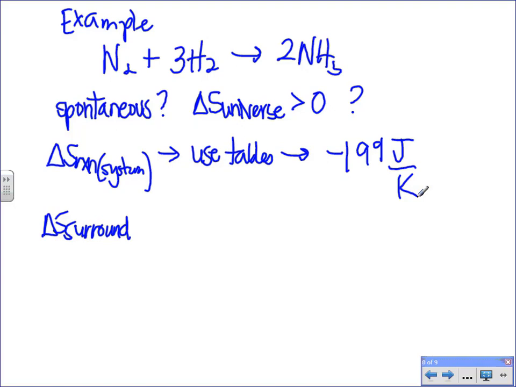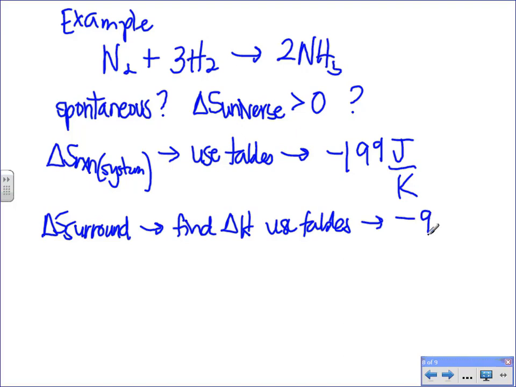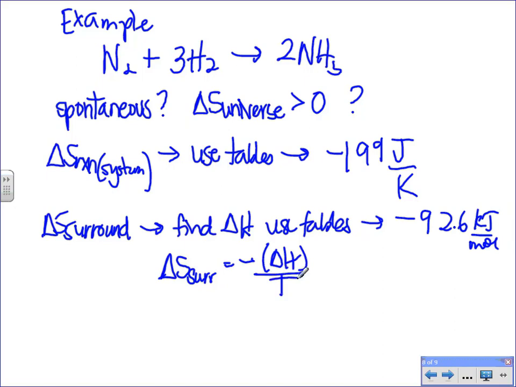For the surroundings, we can find delta H using the tables, and we find that it's negative 92.6 kilojoules per mole. So to find the entropy of the surroundings, it's negative of the enthalpy per unit of temperature.